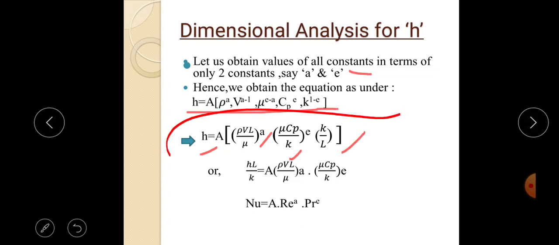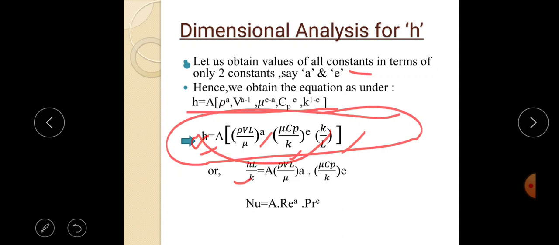We can also write it like this: hL by k, we have taken this term to this side, equals A rho v L by mu raised to a, mu cp by k raised to e.